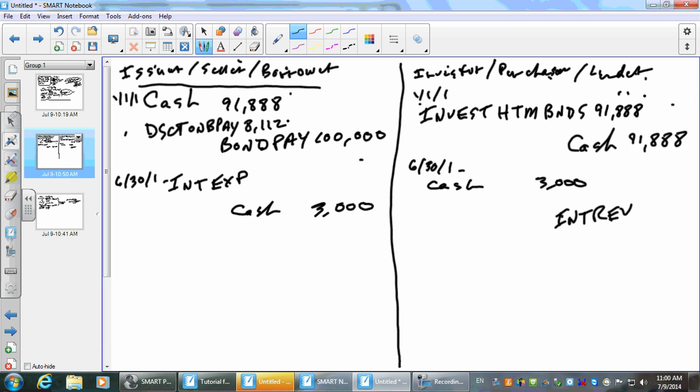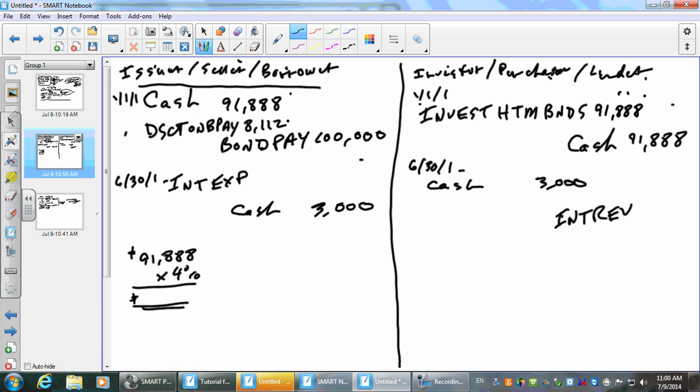What do you think it is? Let's calculate the interest. How much is borrowed right now? 91,888, right? What's the interest rate? What's 4% times 91,888? That's what we think the interest is. This is called the effective interest method, right?